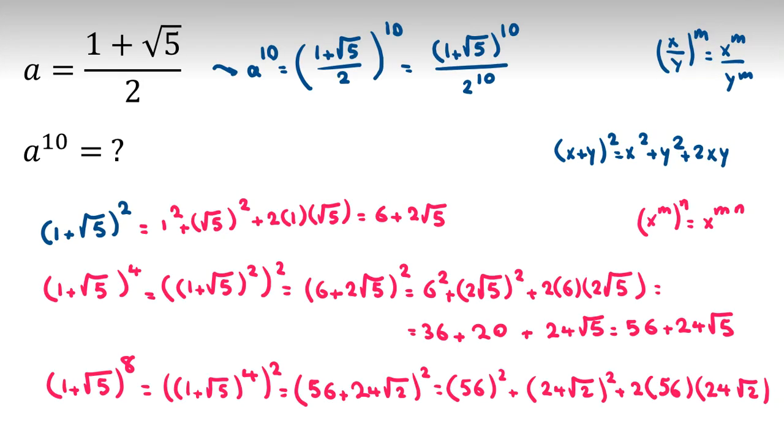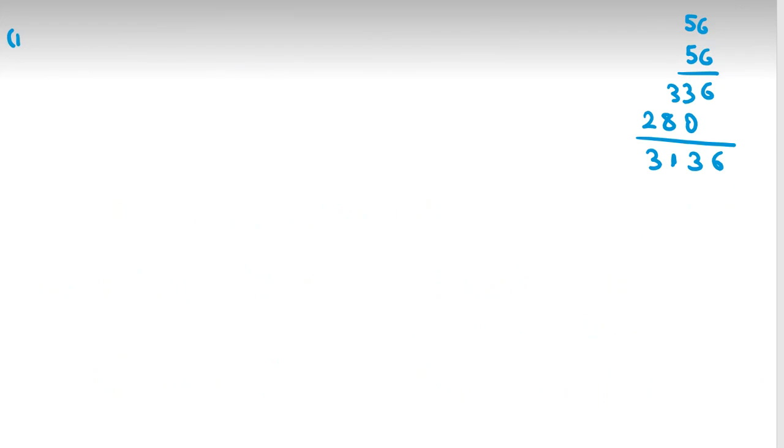56 times 56: 6 times 6, 36, we have 3. 6 times 5, 30 plus 3, 33. 5 times 6, 30, we have 3. 5 times 5, 25 plus 3, 28. So 3136. Now, let me write (1 plus root 5) to the 8.